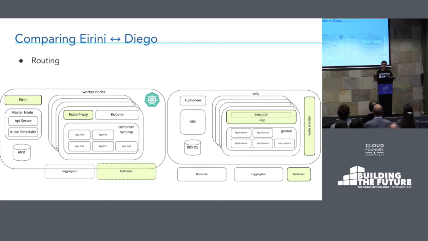And also when a pod starts up and running, it collects the container port and then rewrites some of the IP table rules on the node so that it actually makes that information for routing of an application instance available. That information gets relayed to Eirini, which then contacts the GoRouter and rewrites the GoRouter information in order to make the application instance available.